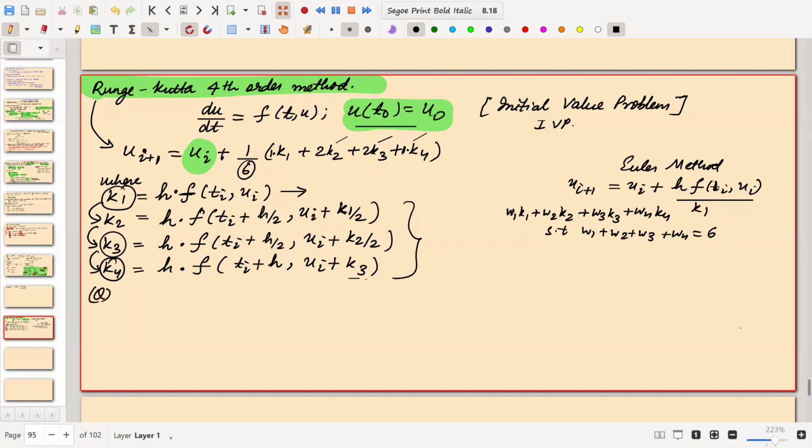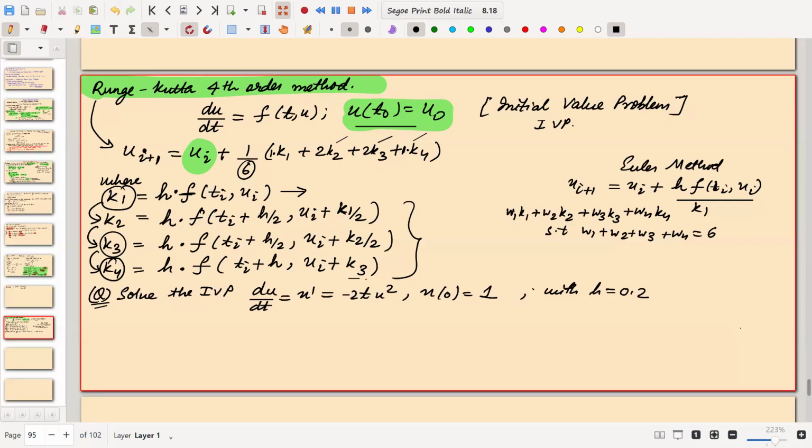The same question we have: solve the initial value problem du by dt, or u prime, is equal to minus 2t u square, given that u of 0 equals 1, with h equal to 0.2. We took h equal to 0.2 in the Euler method also. We will take h equal to 0.2 in the Runge-Kutta fourth order method also, the RK4 method, and we'll compare which one is accurate.